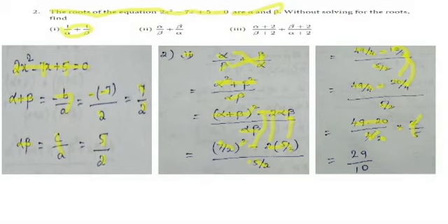So 49 minus 20 is 29 and 2 5s are 10. So the value for alpha divided by beta plus beta divided by alpha, for this quadratic equation, the answer will be 29 by 10.